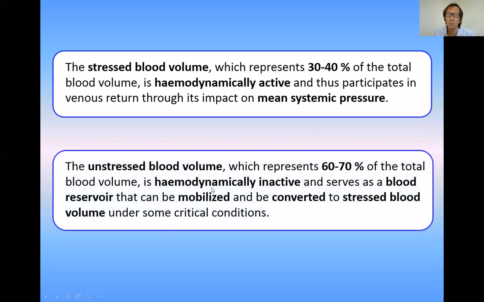The unstressed blood volume, which represents 60 to 70% of the total blood volume, is hemodynamically inactive and serves as a blood reservoir. It can be mobilized and converted to stressed blood volume under some critical conditions, such as stress, but also shock states, etc.